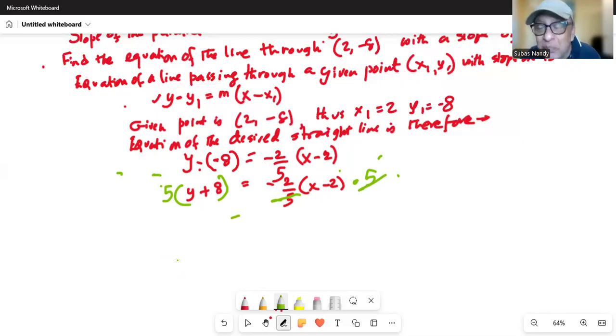Now we will distribute the 5. So it is 5y plus 40. 5 times 8 is 40. And I'll distribute the minus 2. Here is a chance that somebody might make a mistake, so wait, what will happen? If you distribute just the 2, it will be 2x minus 4.